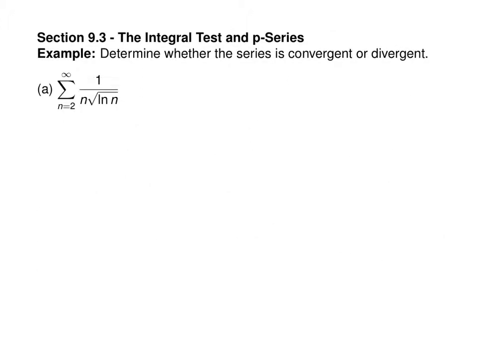The next tool we have in our toolbox to determine whether a series is convergent or divergent is the integral test. Before you apply the integral test, you have to have a function that is continuous, positive, and decreasing.